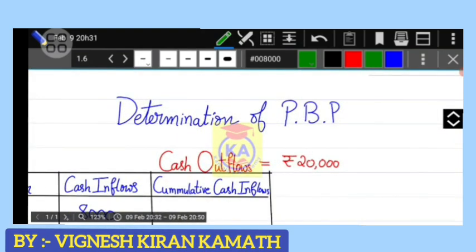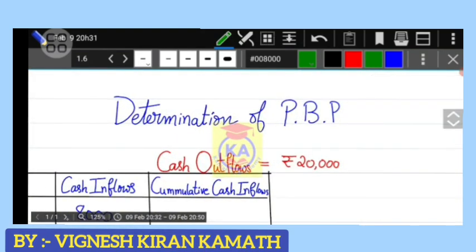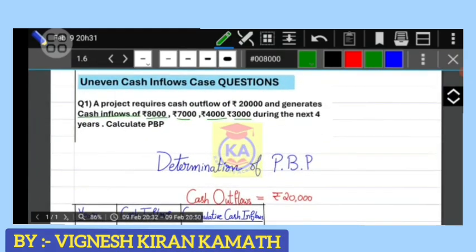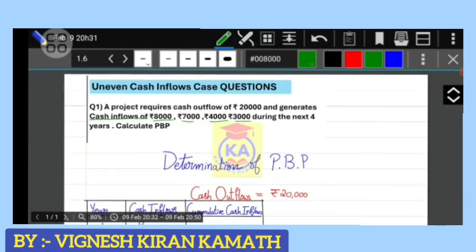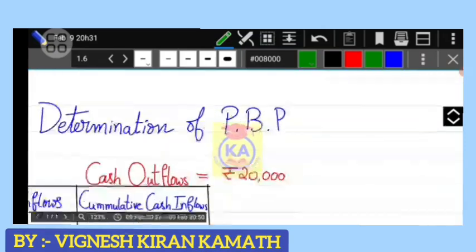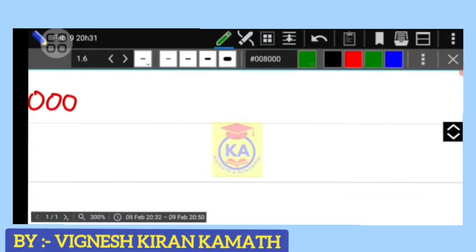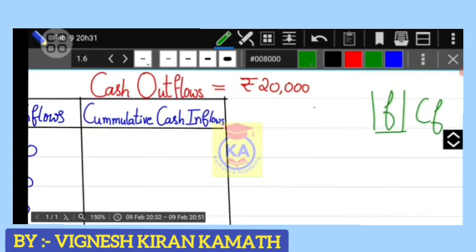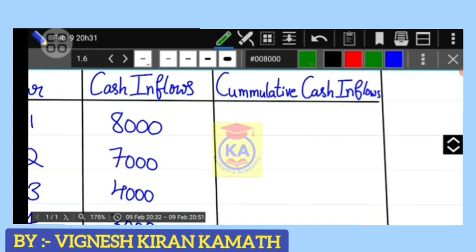Now, the most important thing in this type of question, for uneven cash inflow case questions, is that you have to take cumulative cash inflows. I hope you have taken cumulative frequency in statistics, F and CF. How we used to find that: if there is 8,000, we take 8,000 as it is, then you add like this.